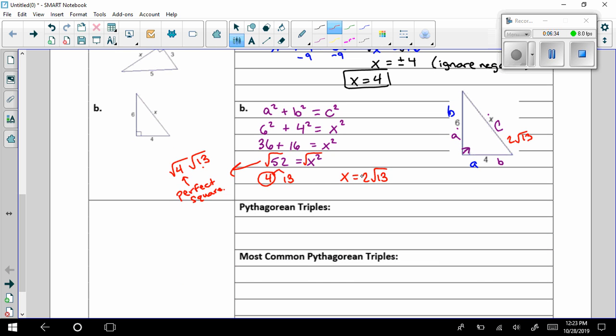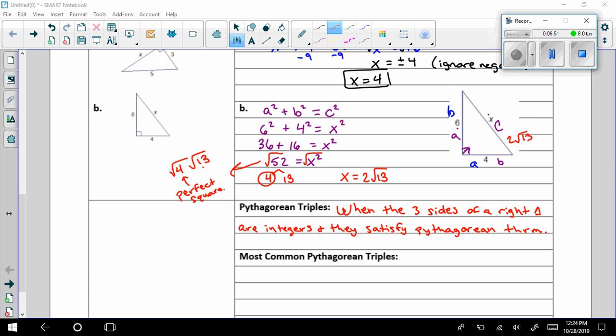All right, so that's not a perfect number. It's an irrational number. If you took the square root of 13 out, you would get this big long decimal that has to be rounded. When you do get perfect whole numbers for all 3 sides, that's what's called a Pythagorean triple. Okay, so a Pythagorean triple, again, is when the 3 sides of a right triangle are integers.